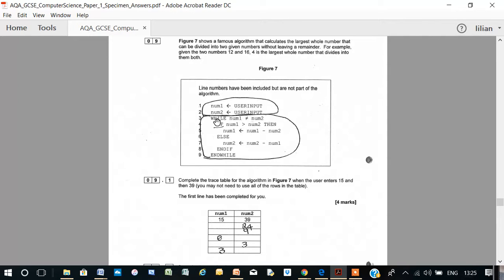Remember, iterations are loops. How many assignment statements are in this? There are 4: num1 equals user input, num2 equals user input, num1 equals num1 minus num2, num2 equals num2 minus num1. We've analysed it now.